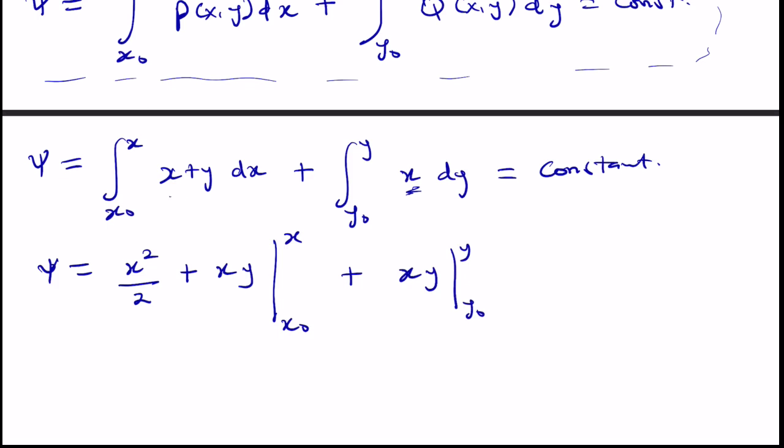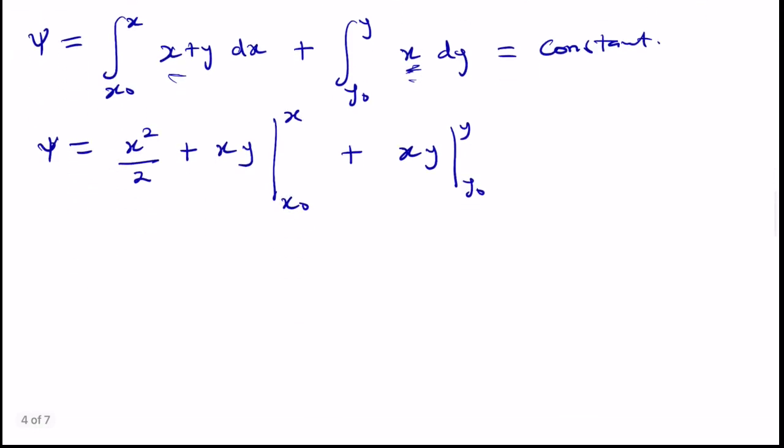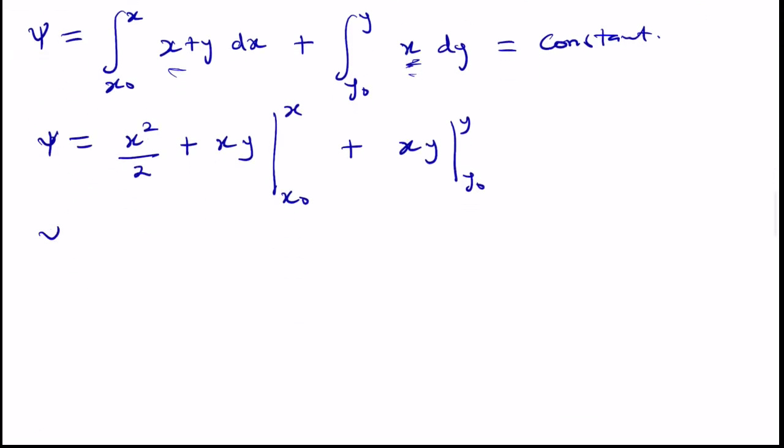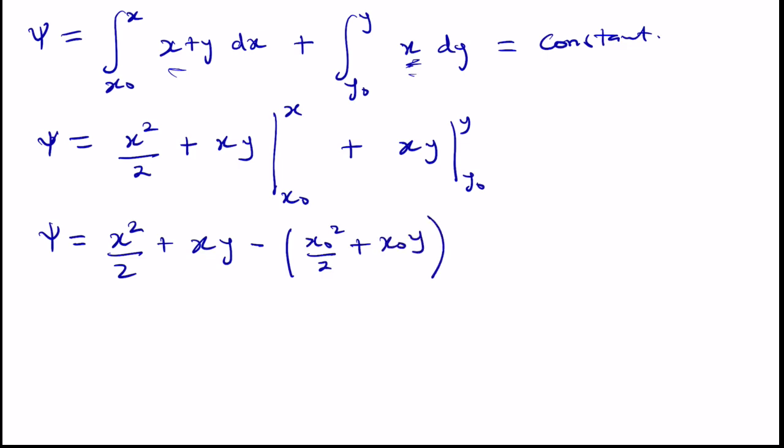We integrated this with respect to x and integrated this with respect to y. Therefore, we'd have that our psi is x squared over 2 plus xy minus x0 squared over 2 plus x0 y plus xy minus x y0 is equal to a constant.